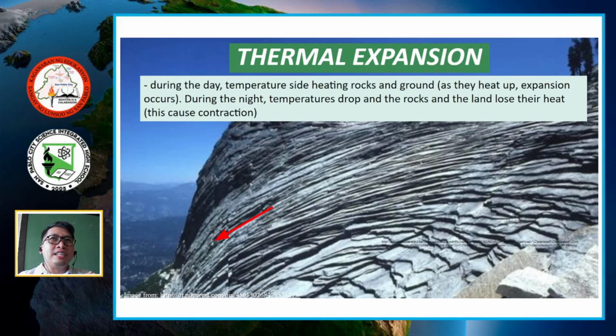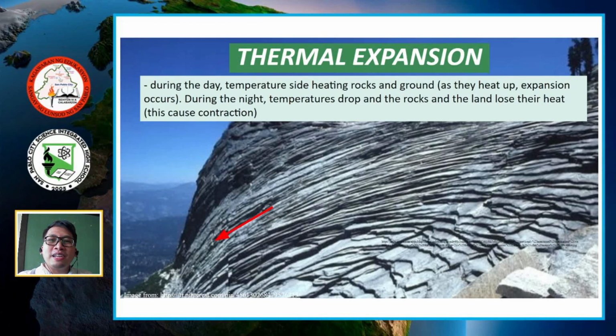Balikan natin yung ating knowledge about the molecules or about atoms. Let's say, kapag mataas yung temperature, what will happen to the atoms or to the molecules? They will expand. So kapag tumataas ang temperature or nagiging mainit yung environment, ang tendency ng molecules natin ay mag-expand.